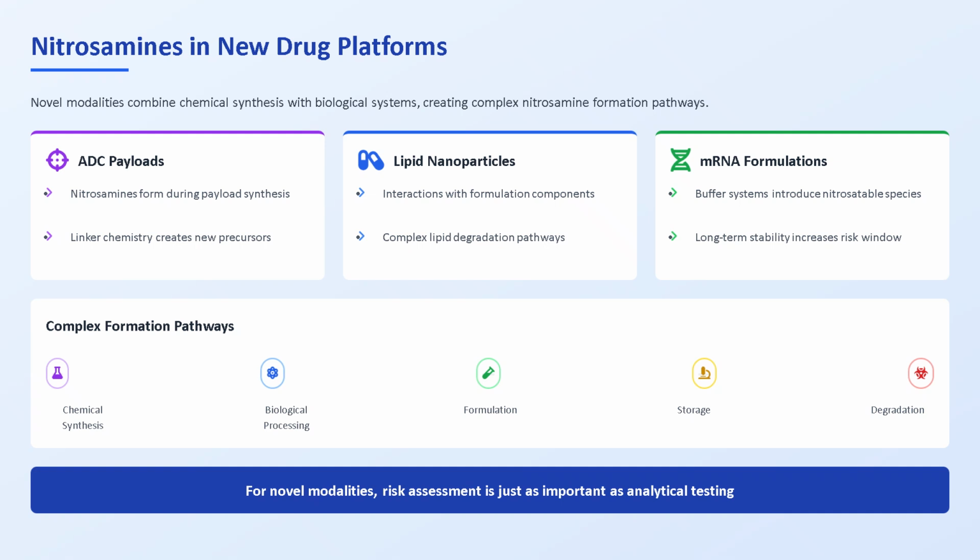Here, nitrosamines don't form through a single step. They emerge across synthesis, formulation, storage, and degradation. That's why, for novel modalities, risk assessment is just as important as analytical testing.